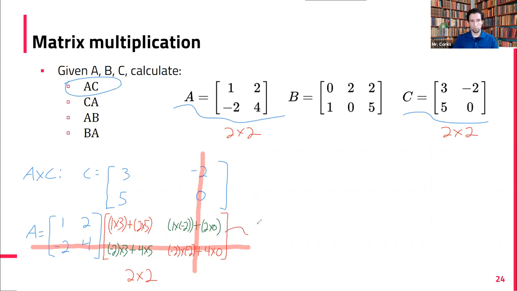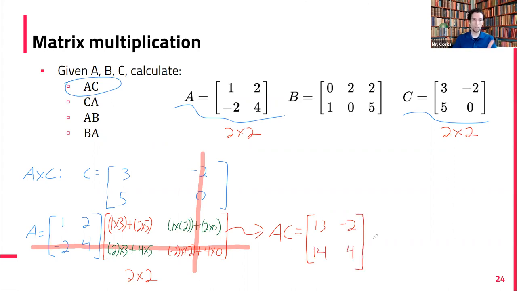Okay, so let's actually add these together. So our result then is, let's write this out, A times C. Don't need to write the X here. A times C is equal to, what are the actual values? 13, -4, -2, 14, and 4.